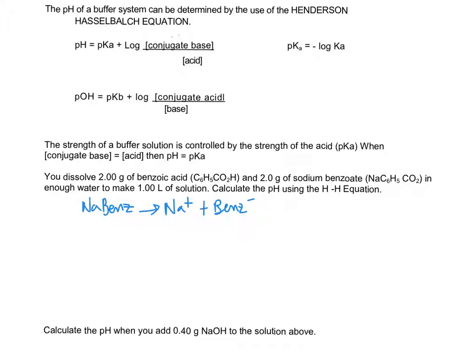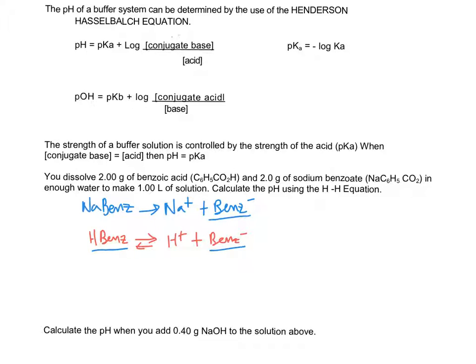I'm also going to write my acid dissociation equation. So my benzoic acid, I'm going to call that H-benz. That partially dissociates into H plus and the benzoate ion. And remember, that's my common ion here. That's how I make a buffer using my benzoic acid and some of the benzoate there.